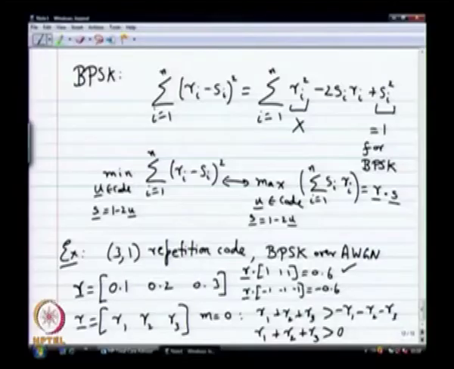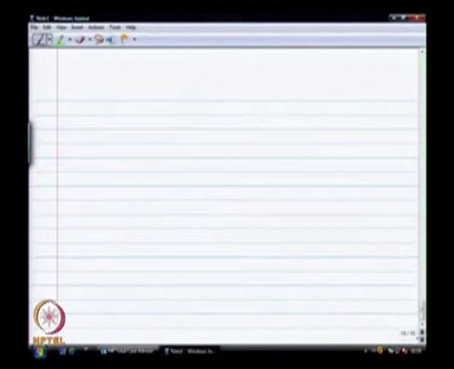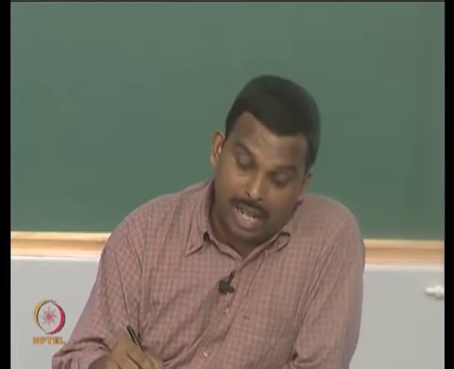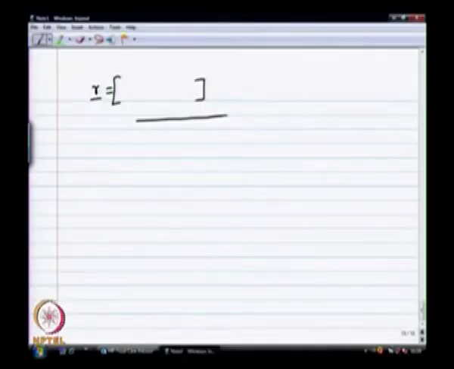Okay. Next thing I am going to ask you is a little bit more devious. Okay. So, what I want you to do is, I want you to come up with an R which will give me different answers under optimal hard decision decoding and optimal soft ML decoding. So, optimal hard ML decoding and optimal soft ML decoding. Same R, did you understand the question? Hopefully, the question was clear.